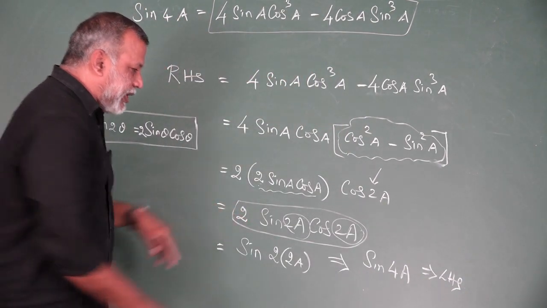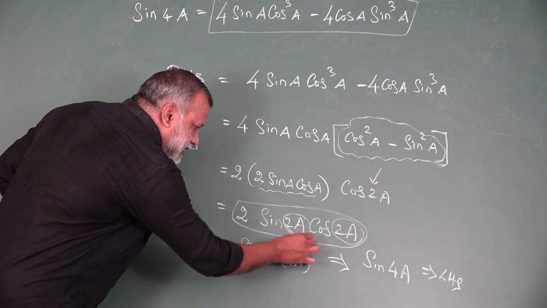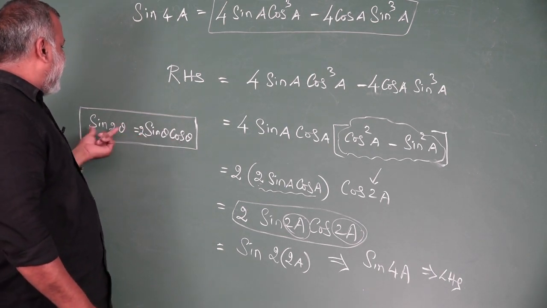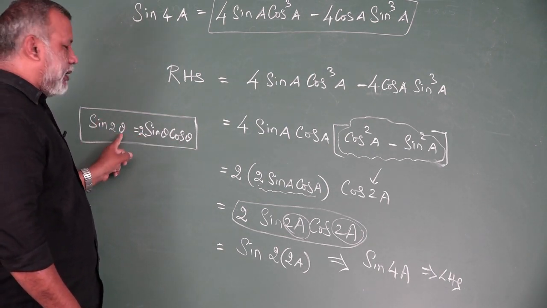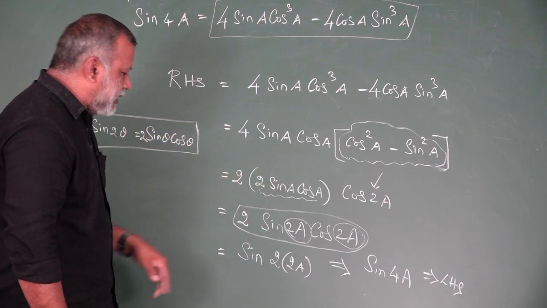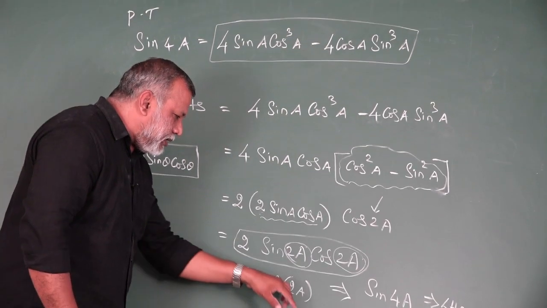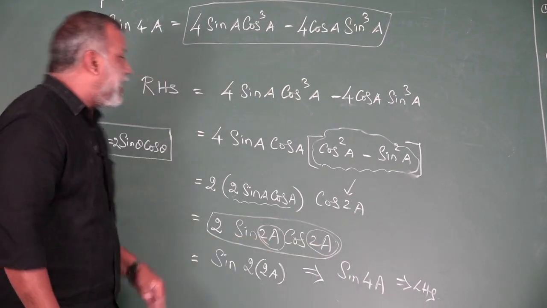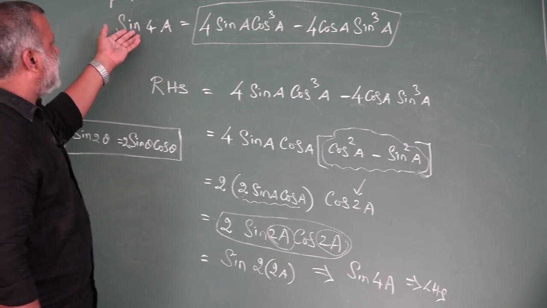Instead of theta we are having some other angle, 2A, so we can get 4A.